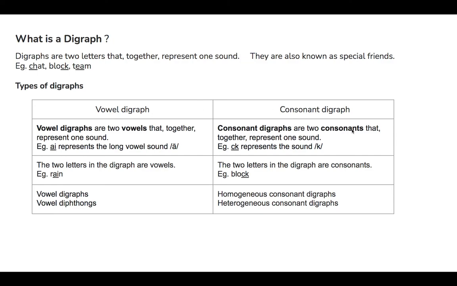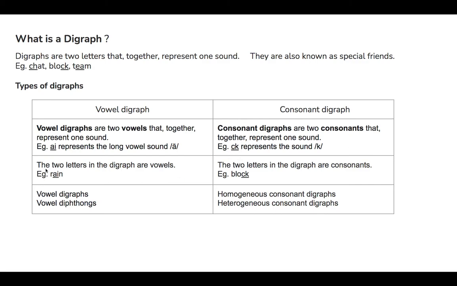Consonant digraphs are two consonants that together represent one sound. For example, the letters C and K together represent the sound k. Here C is a consonant, K is a consonant, so this is a consonant digraph.